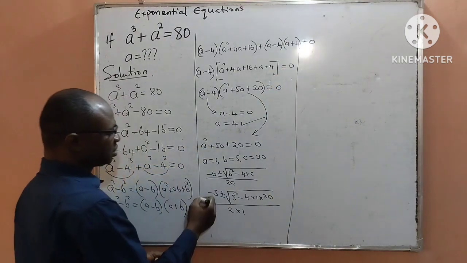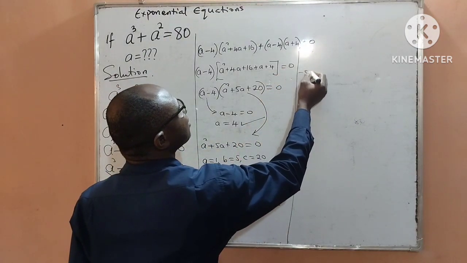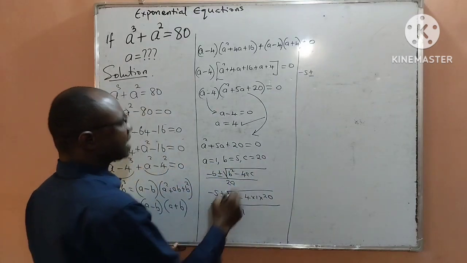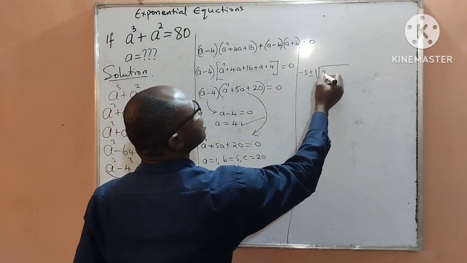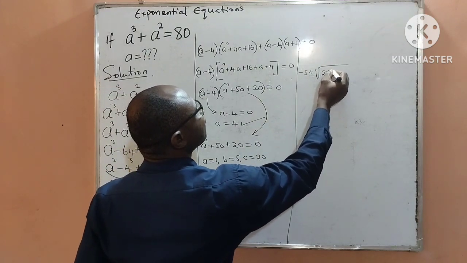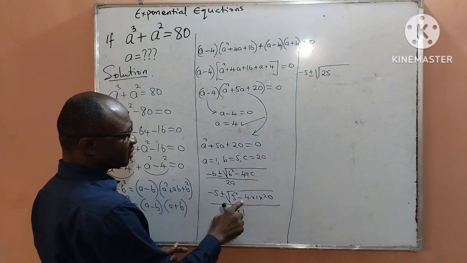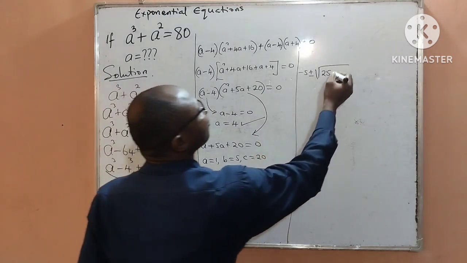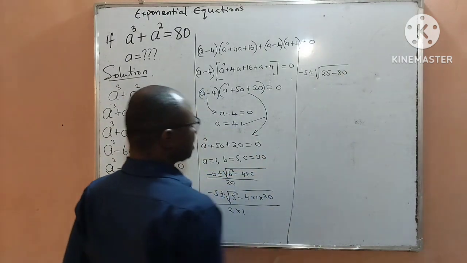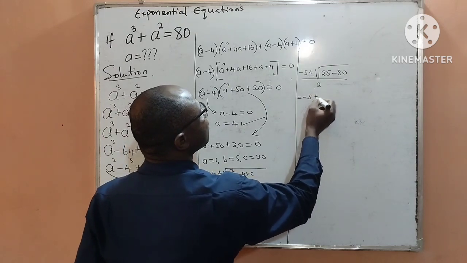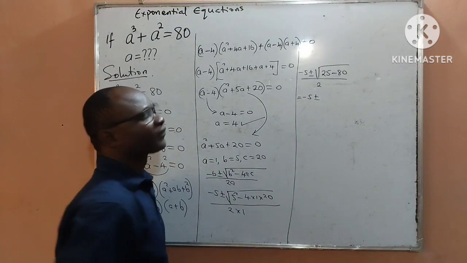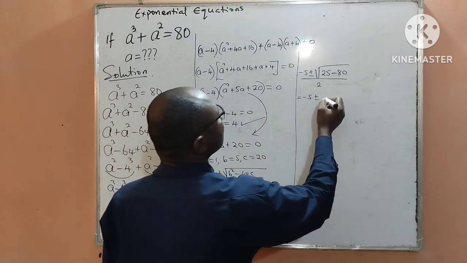Now, moving forward, I will have minus 5 plus or minus the square root of 5 squared, sorry, 25. That is 5 squared, minus 4 times 20, which gives me 80. Okay? All over 2. This is now minus 5 plus or minus 25 minus 80.